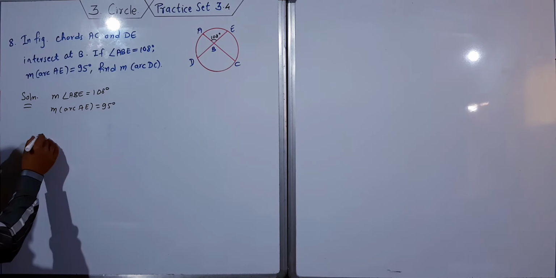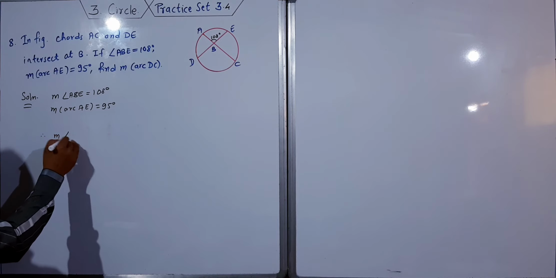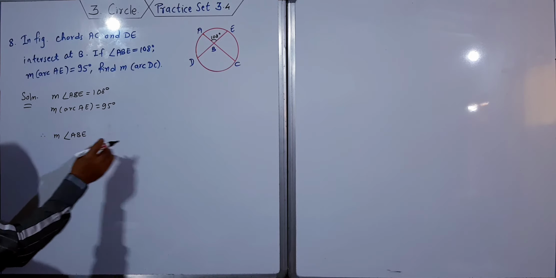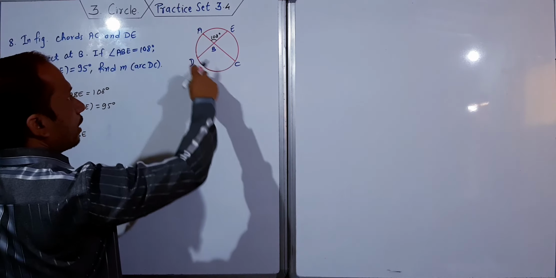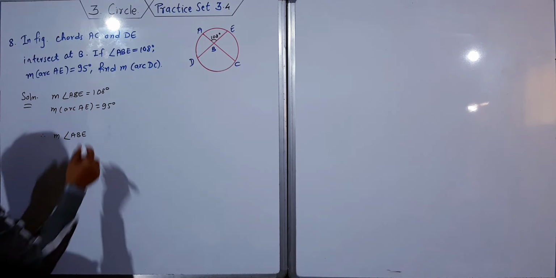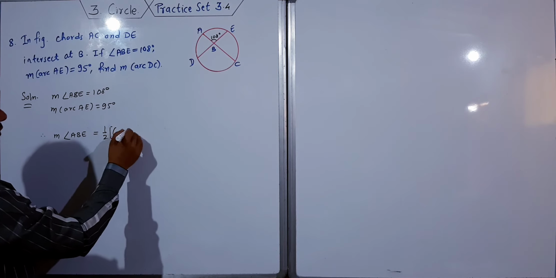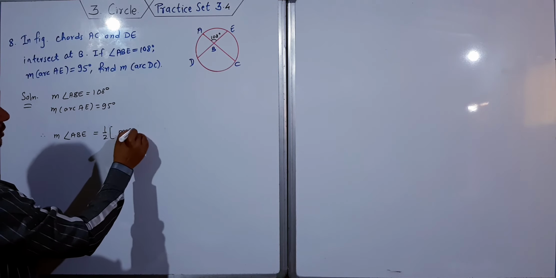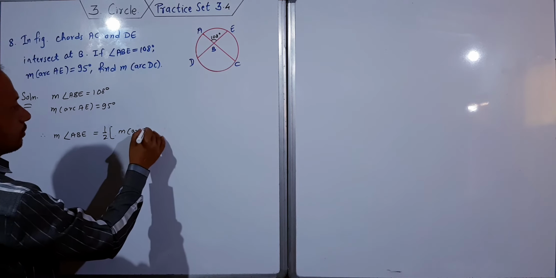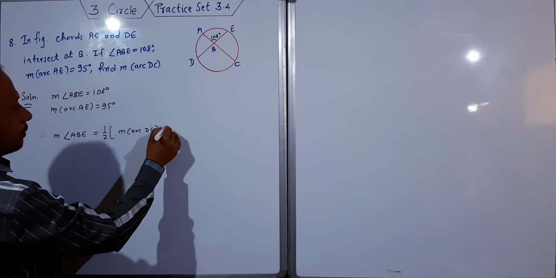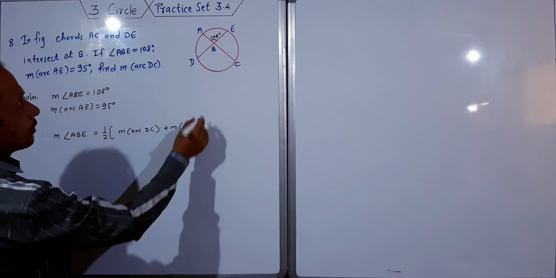Therefore we have the formula: measure of angle ABE, see, this is this angle, equals 1/2 of the measure of arc DC plus the measure of arc AE.